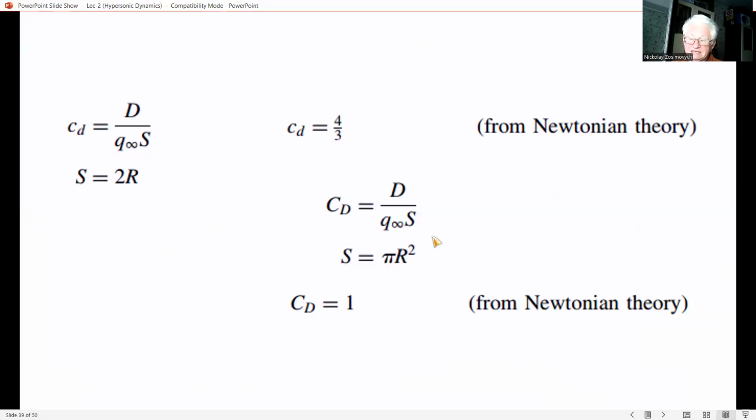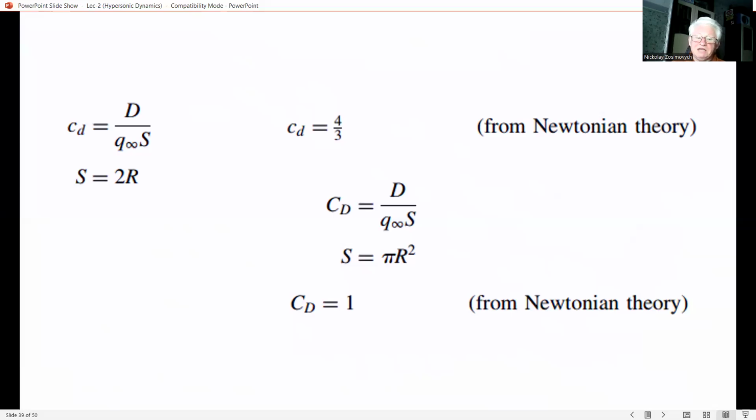For the sphere, CD equals drag over q S, where S is pi R squared, and R here is the radius of the sphere. From Newtonian theory, CD here equals 1. The derivations of these drag coefficient values are left for homework. Try to do it yourself.